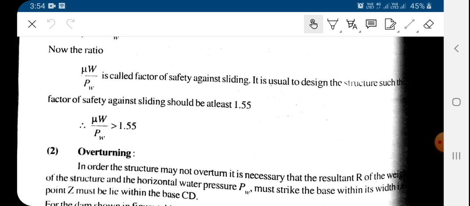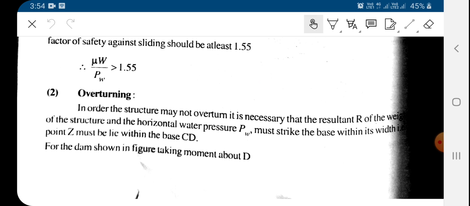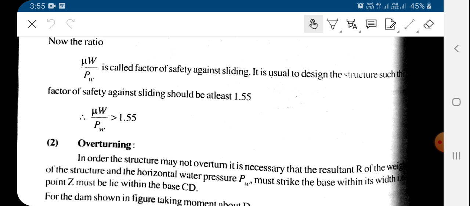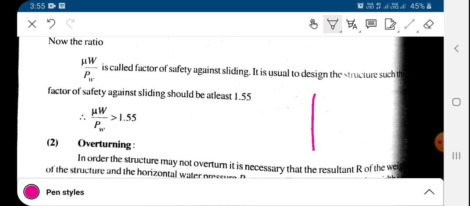Okay, so let's see another criterion, that is overturning. In order that the structure may not overturn, it is necessary that the resultant must pass within the middle third of the base. Generally what happens, let us consider this is a dam and the water pressure is acting over this dam.